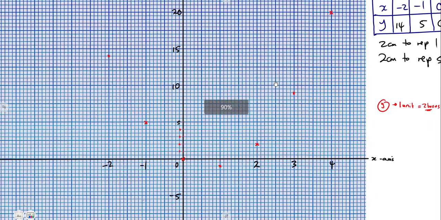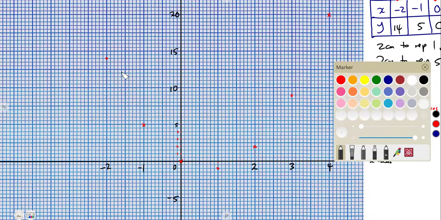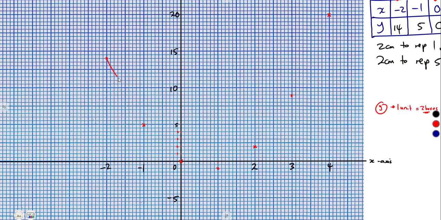Just like before, we saw that we're going to join these points using freehand, and we must produce a smooth curve in joining the points. It is not just about joining the points. You must produce what? A smooth curve in doing so. So as you can see, our graph was gonna have a turning point.